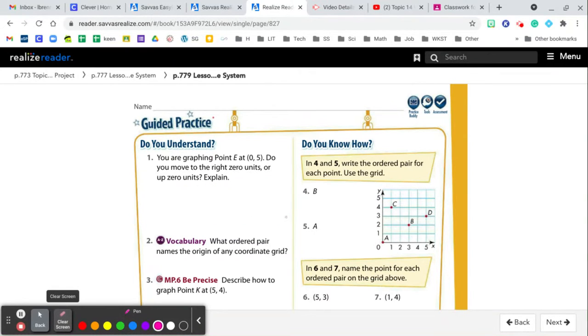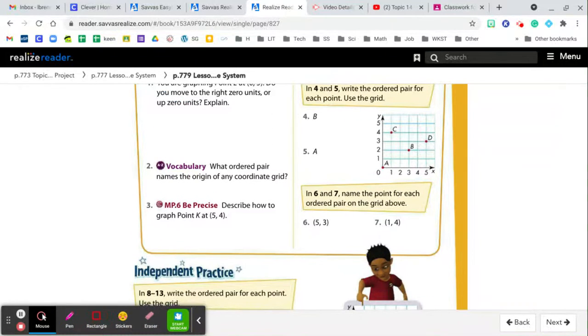What ordered pair names the origin of any coordinate grid? The origin is always 0 over, and 0 up, so it's 0, 0. Describe how to graph point K at 5, 4.